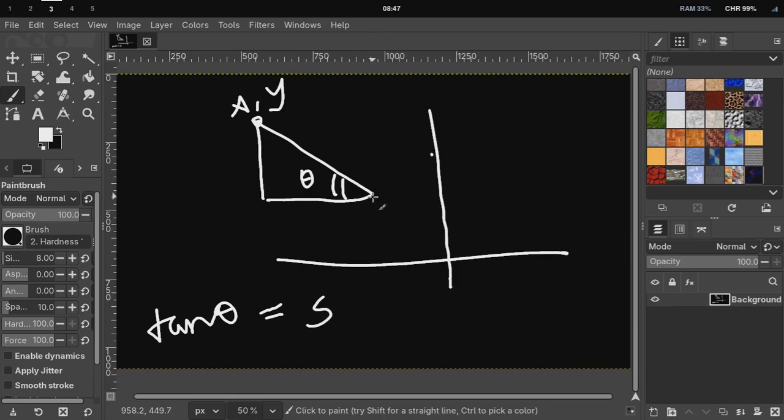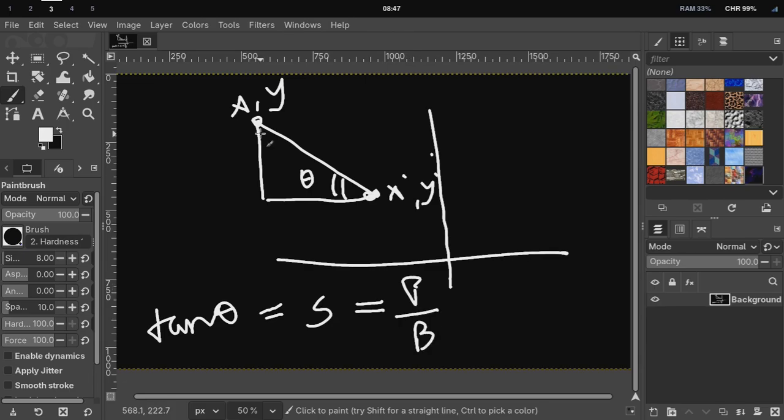If I suppose this point to be x dash comma y dash, then by using a bit of trigonometry, this is perpendicular upon base.